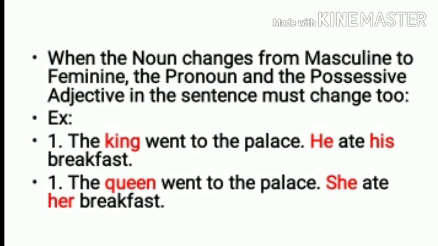So when we change this whole sentence into the feminine gender, then the king, he and his all will change. So it will become, the queen went to the palace, she ate her breakfast. So the pronouns and the possessive adjectives also change, everything in the sentence.